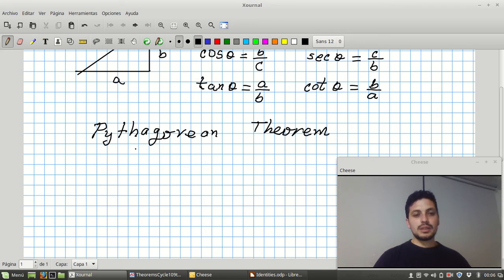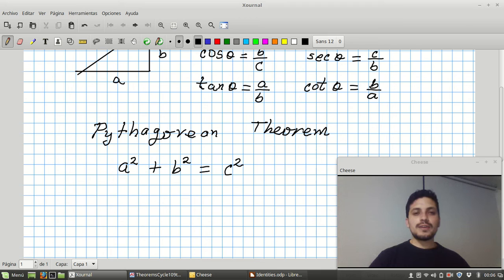Okay, the Pythagorean theorem is for right triangles, and it says that a squared plus b squared in this case is equal to c squared, the hypotenuse. Okay, this is the Pythagorean theorem.